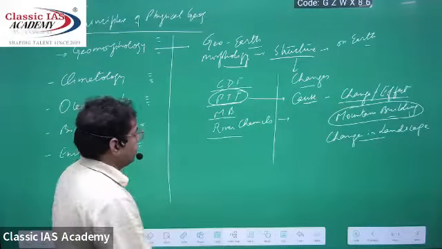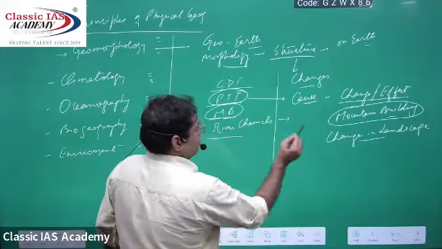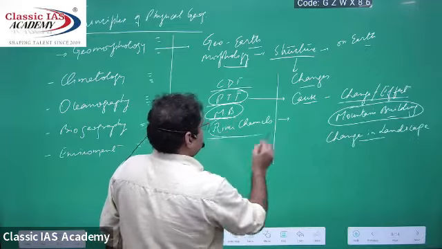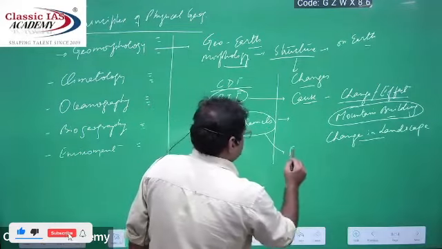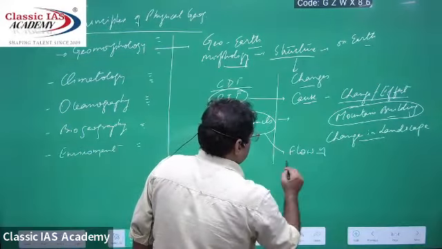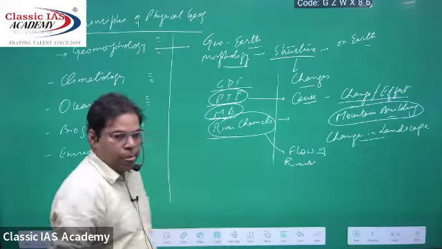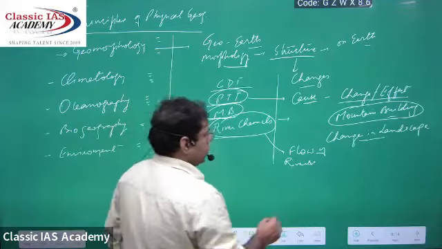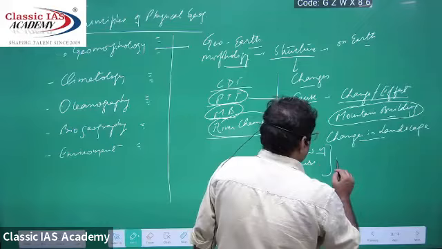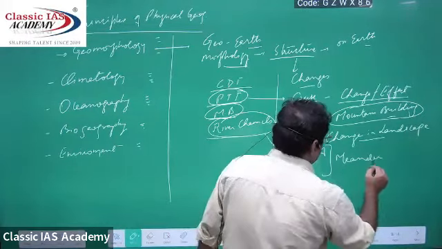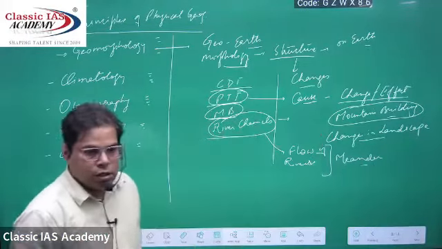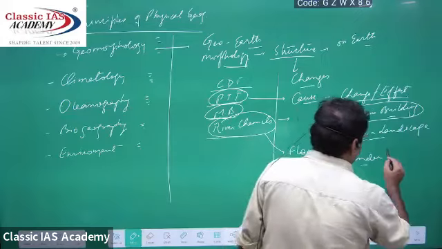Right? When we study mountain building, we will take the help of plate tectonics. River channel means nature of flow of rivers. Have you heard about the meander? Meander means zigzag flow of the river like this.